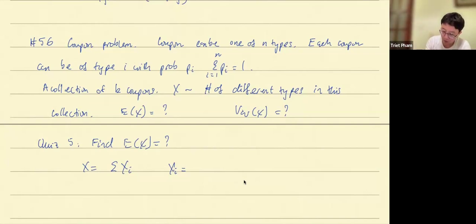Well, X is the total number of different types in the collection.